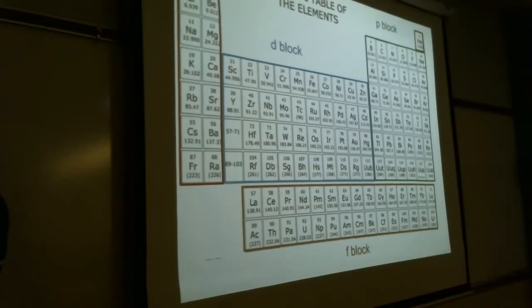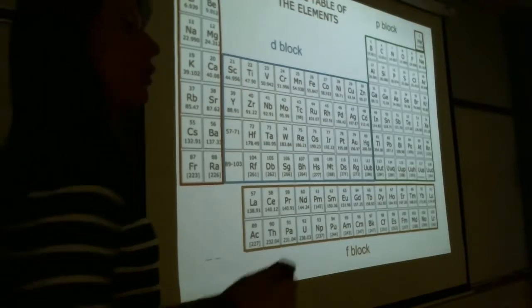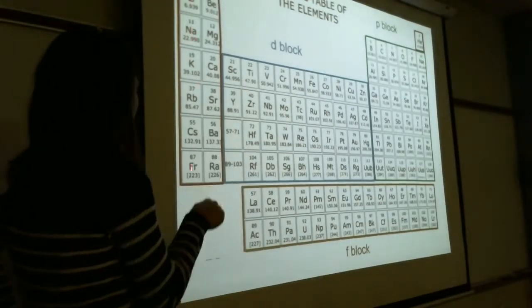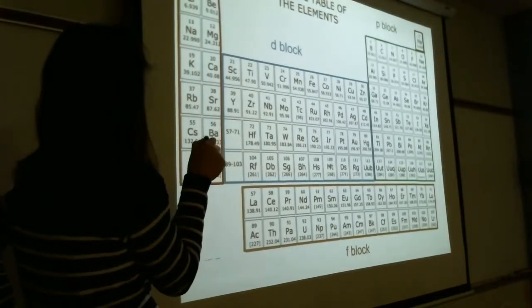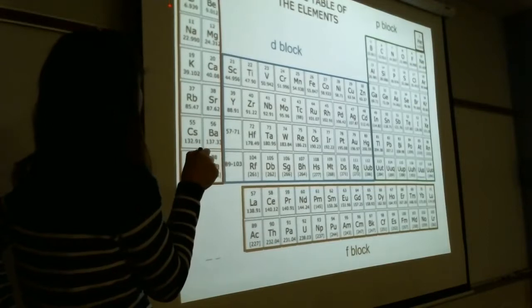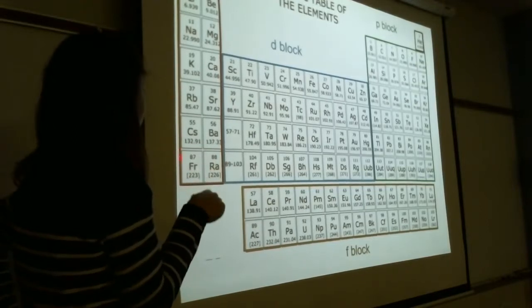This is the method I prefer because you don't have to draw out a diagonal rule. Because now we just read off the periodic table. So whatever row you're in, whatever period you're in, this is the value of n, right? So if this is period 1, 2, 3, 4, 5, 6, 7.